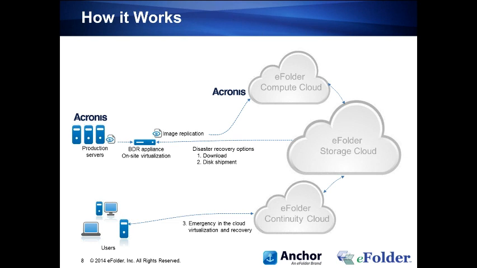More commonly, you can request us to ship you the data on disk, or if you have really tight recovery time objectives for a client, you can do an in-the-cloud recovery with the eFolder Continuity Cloud, which allows you to provision a compute node in eFolder's cloud environment, download and decrypt the data from the storage cloud and then run those servers on a virtualized basis in the eFolder cloud as long as you need to in the event of some sort of massive outage at the client location. So that's an overall how the solution works.